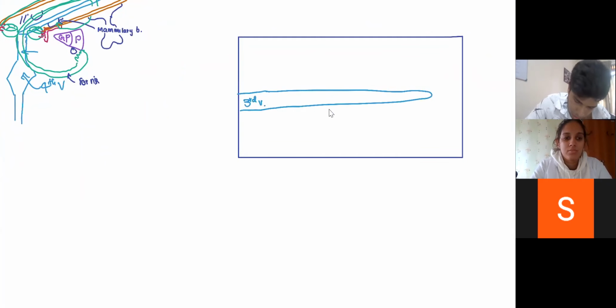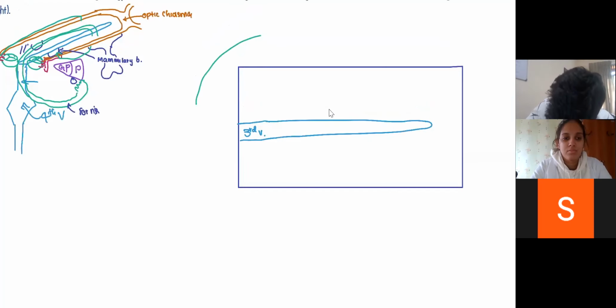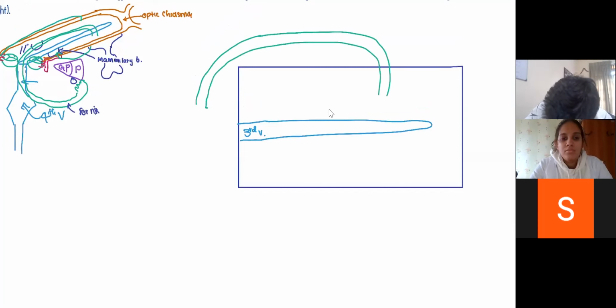Now the fornix will come from above and penetrate here, and it sends fibers to the mammillary bodies. Let me draw it as a circle.